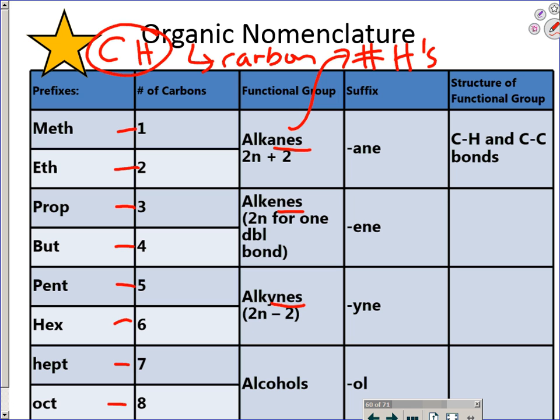The way we determine the formula is we look for the prefix that gives us the number of what? Carbons. And then we see the ending is ane, ene, or yne. We use this little formula, 2n plus 2, 2n, or 2n minus 2, and that helps us determine the number of hydrogens, where n is equal to the number of carbons.